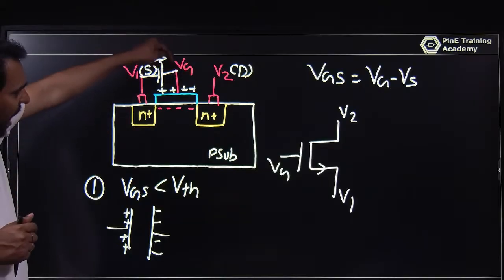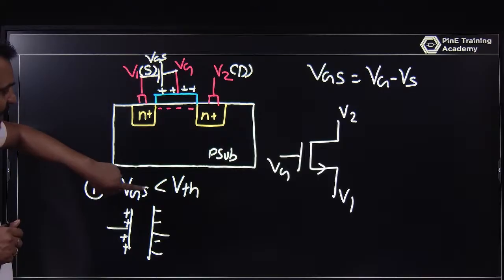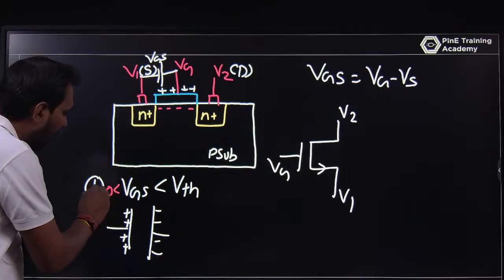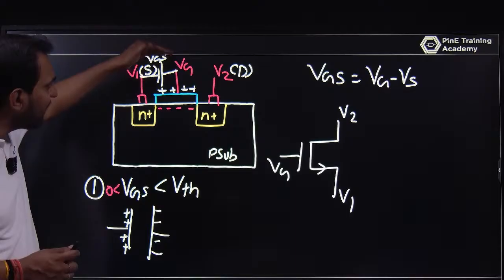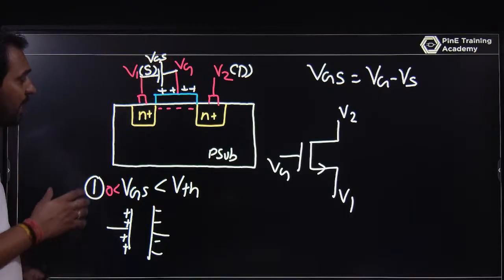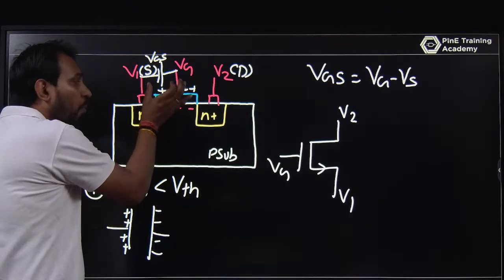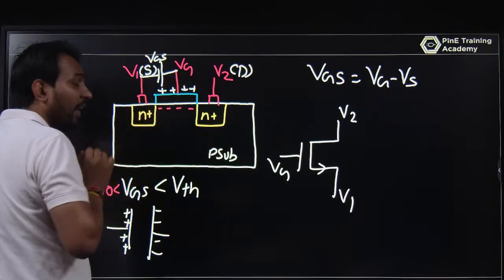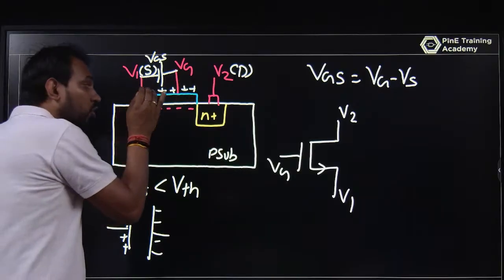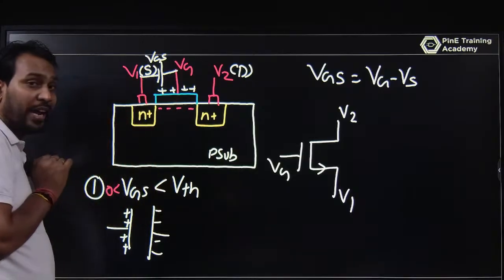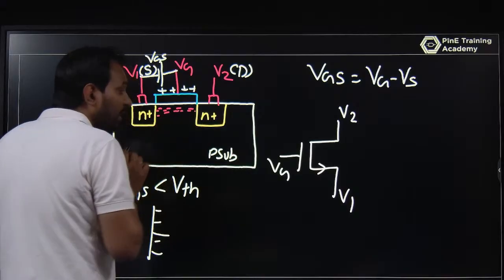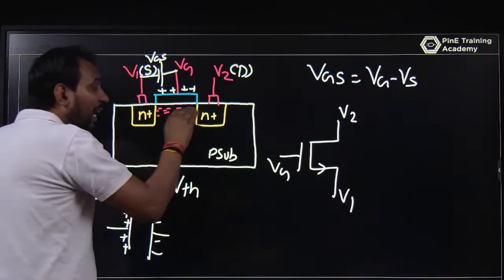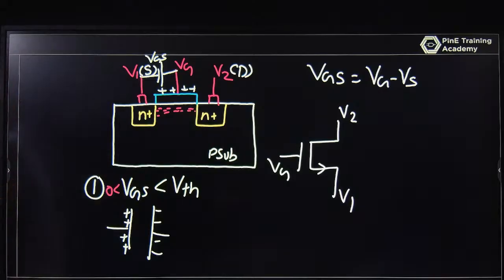VGS is greater than 0 but less than VTH, the threshold voltage, so the gate provides a positive charge. Due to the electric field there is a negative charge, and it should have a higher amount of negative charge, so that the channel will be proper between N plus and N plus.